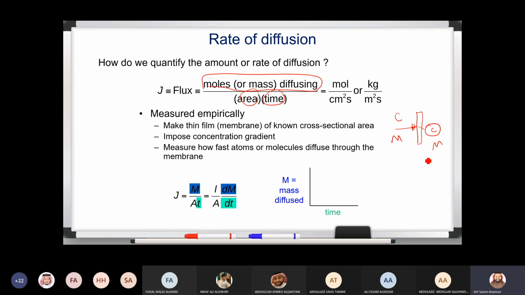concentration or mass ends up outside, okay? Then we can draw this diagram, which is the mass diffused versus time. You will see that with time, the mass diffused will increase.